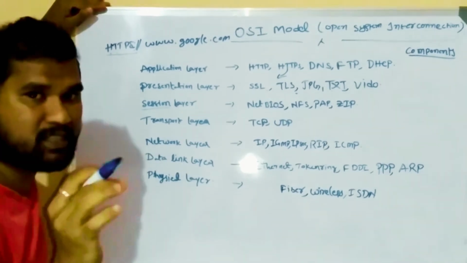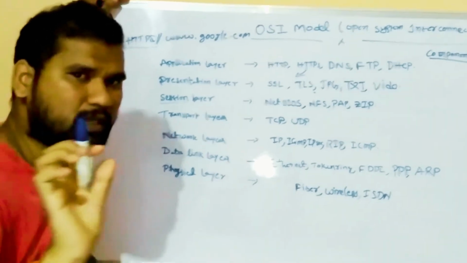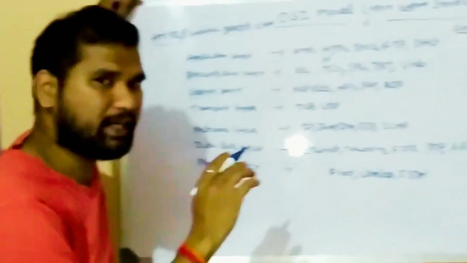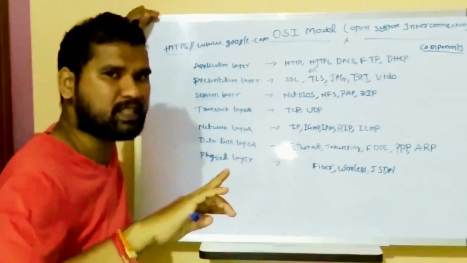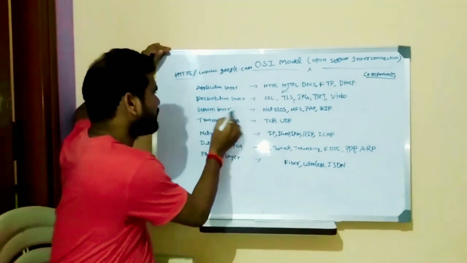Full duplex means they communicate on both sides, client to server and server to client. So that is the session layer.